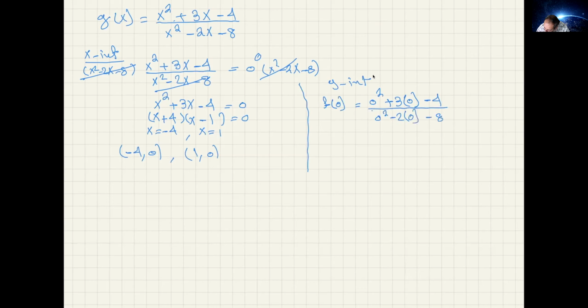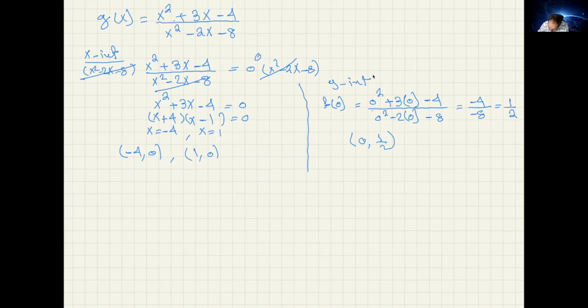So I get negative 4 over negative 8, which is 1/2. Therefore, the y-intercept is 0, 1/2. Okay?